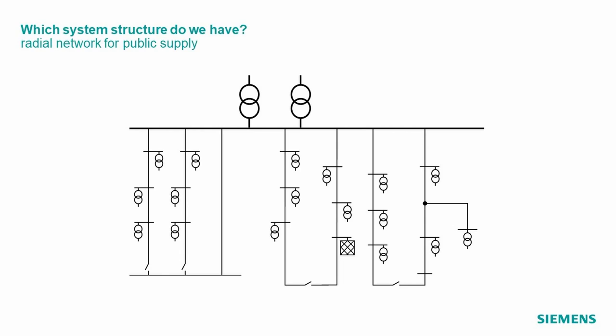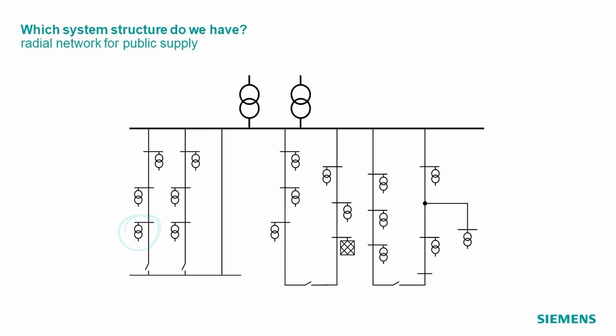You may ask the question now, why do we have these strange connections here on the bottom? The reason is the following. Imagine you have one cable destroyed, for instance, by street work. In the moment the cable is destroyed, you typically have a short circuit. Then the protection will disconnect this cable to remove the short circuit.